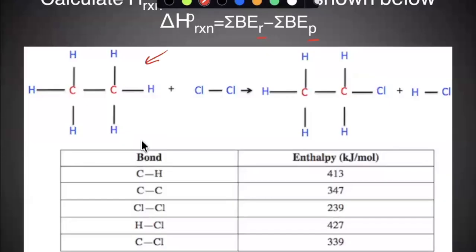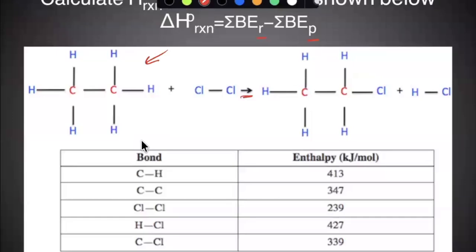So here, you have values for all of your different types of bonds. And this could also have double, single, and triple bonds and give you values. It just depends on the chart you're given. Okay, and what I want to do is count on each side of the arrow. All right, so there's our arrow right there.